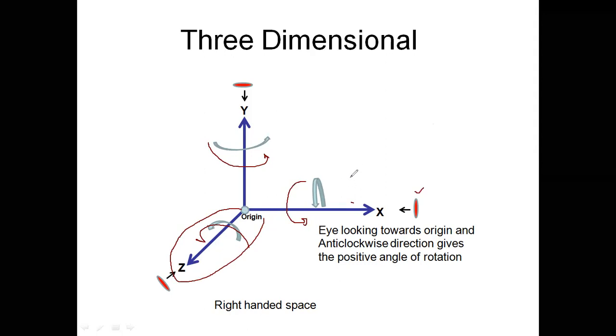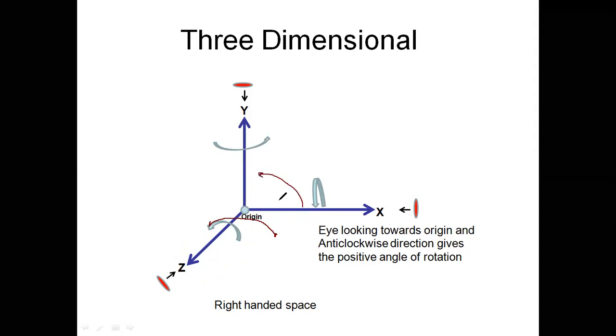For example, a point is given here, and if it is rotated, it is moving from x to y. If a point is placed over here and I try to rotate it about the z-axis, it is moving from x to y.